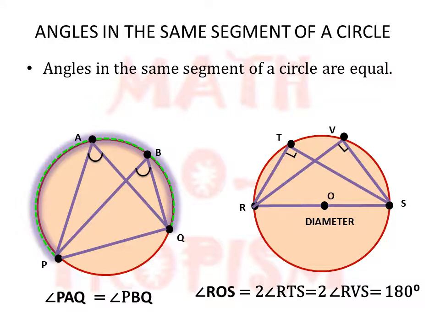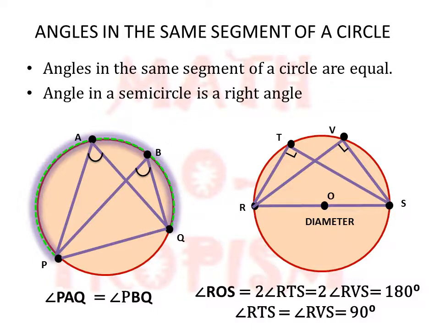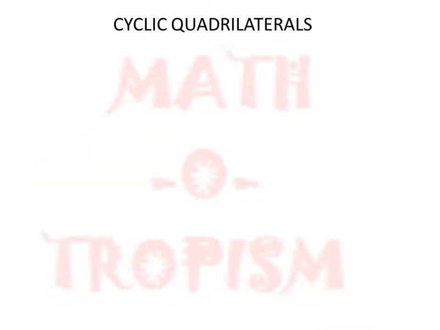And what is that? Since it's a diameter, it means the angle will be 180. So angle RTS or angle RVS, both are going to be 90 degree. So from this we can also derive that angle in a semicircle is a right angle.